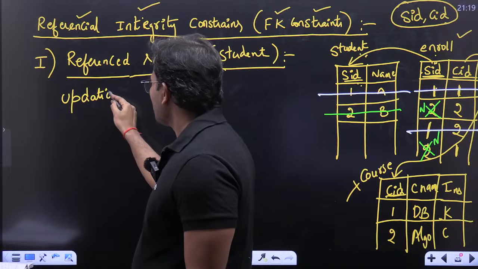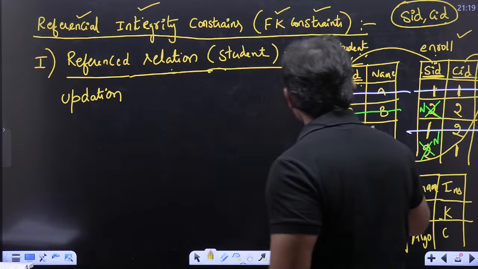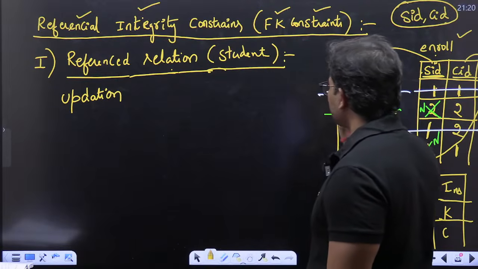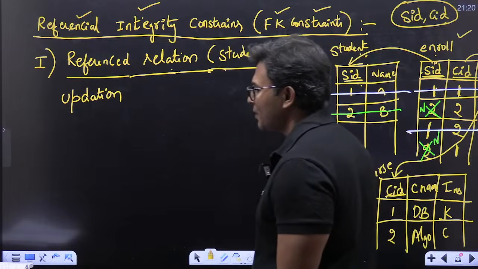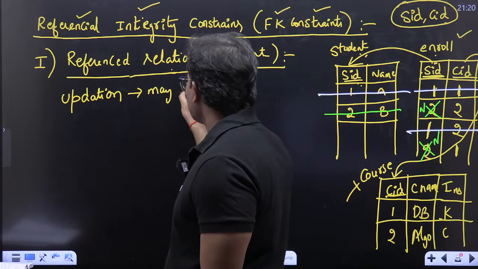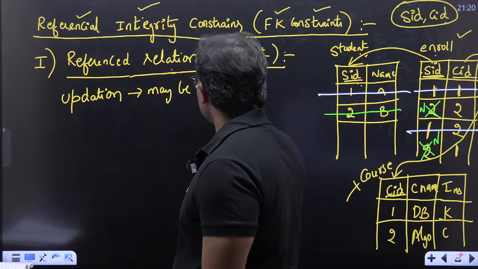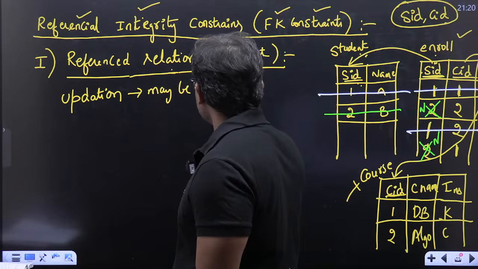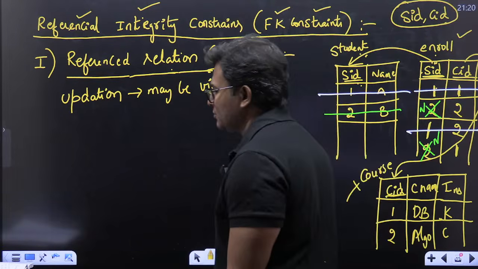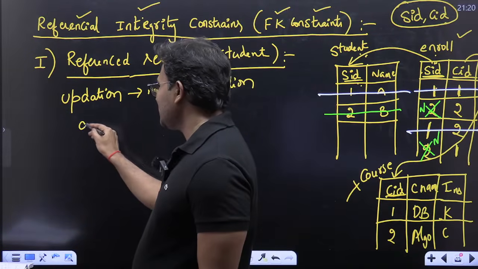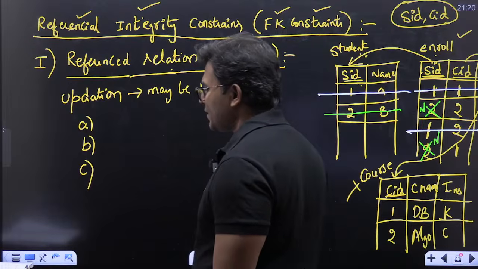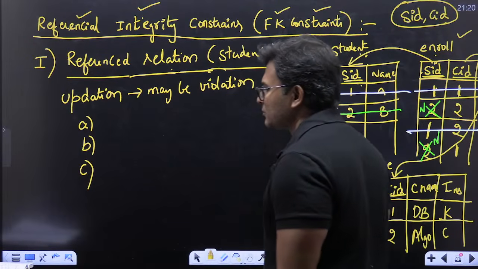When you do some updation to the referenced relation, which is student in this case, there may be a violation. There may or may not be. And how are you going to handle it? Just like how you handle the delete.